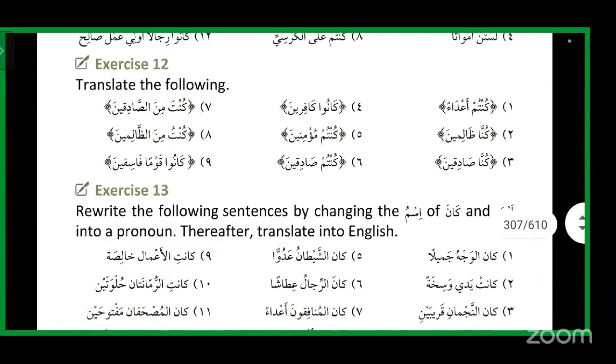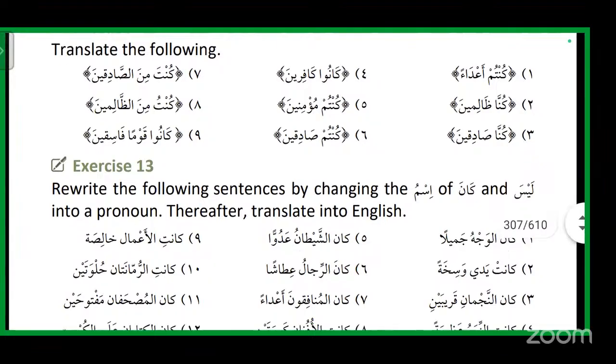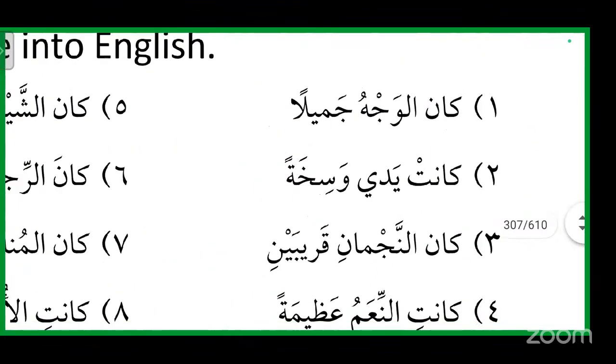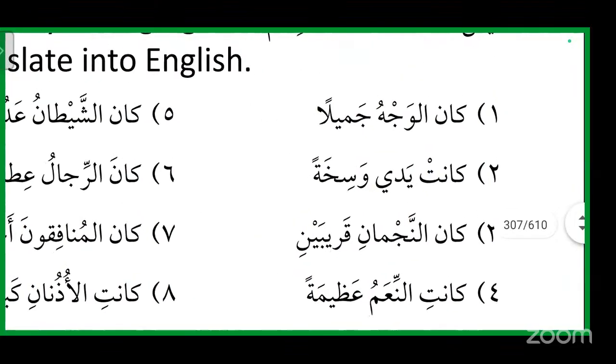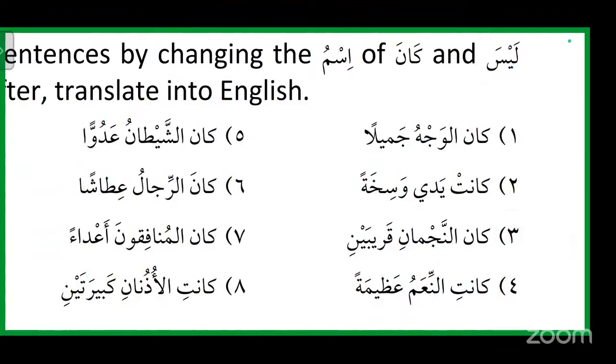Exercise 13. Rewrite the following sentences by changing the ism of kana and laisa into a pronoun. Thereafter, translate it in English. Kana al-wajhu jamilan. Can you give me one example?